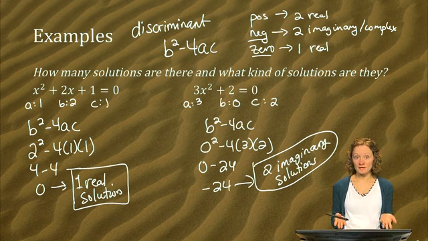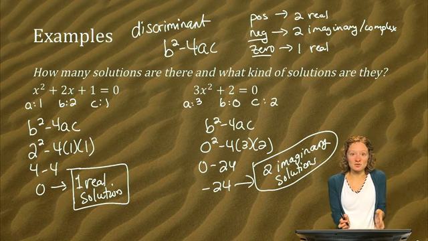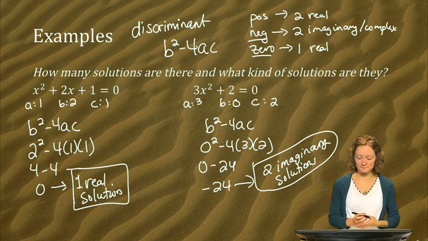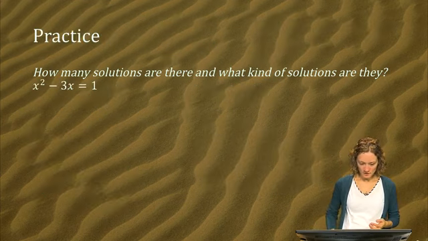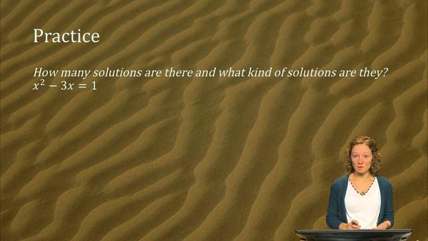If it said solve, then solve it. But just be careful. I have a lot of students often just solve it and then not answer the actual question. Sometimes this is the only piece you have to do, is find out how many solutions. Sometimes you do have to solve. Okay, so go ahead and practice this last objective, and then we'll go through it together after you pause the video, and we'll see how it went.